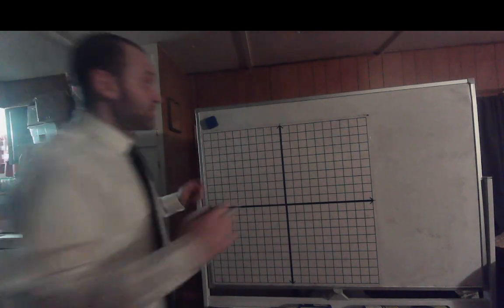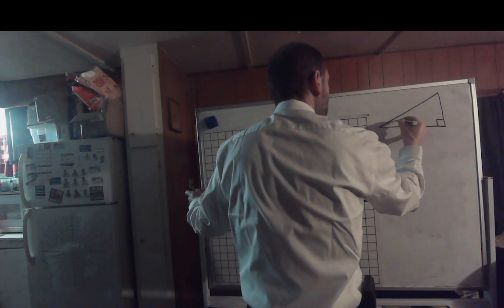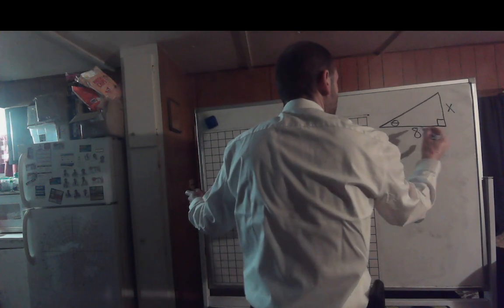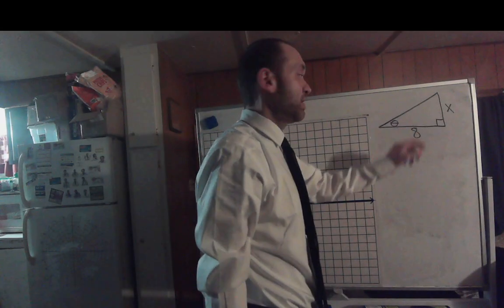Alright, now for the last set of exercises, we're going to set up some triangles, and we're going to solve some things here. So these 4 are going to be easy. You're given a right triangle with some angle theta.